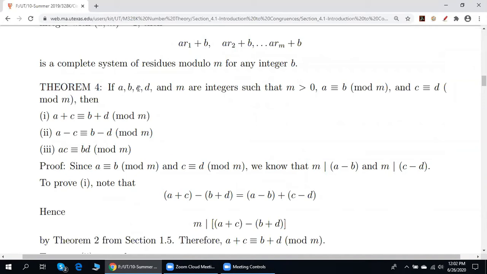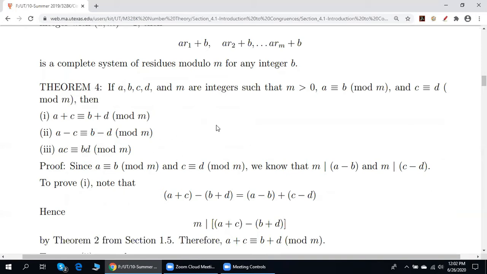Suppose A, B, C, D, and m are integers where m is greater than 0, A is congruent to B modulo m, and C is congruent to D modulo m. Then A plus C is congruent to B plus D, A minus C is congruent to B minus D, and AC is congruent to BD modulo m.